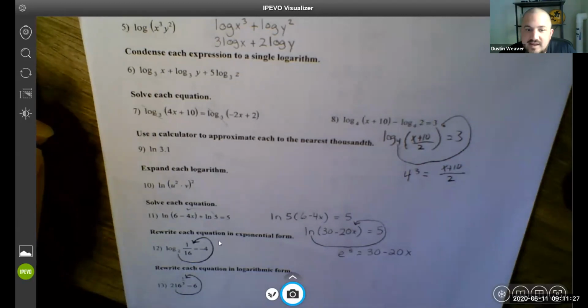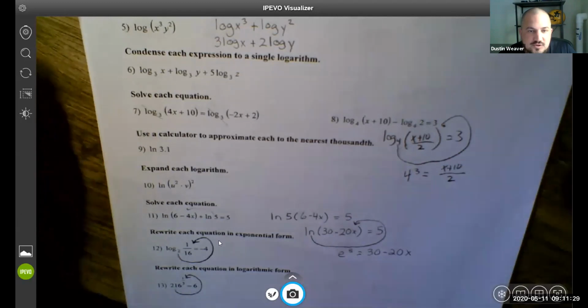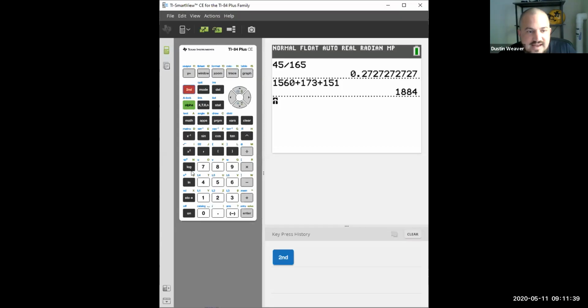And I'm waiting a second for my calculator to pop up on the screen. So let me share that with you so you have it. So there is second ln, I'm going to say e to the 5th power. That is 148.41. That equals 30 minus 20x.